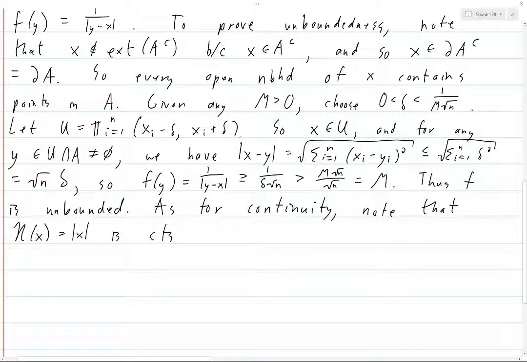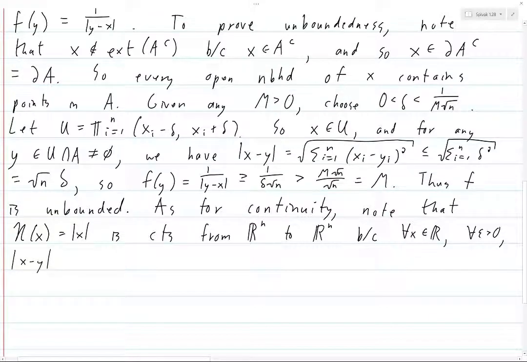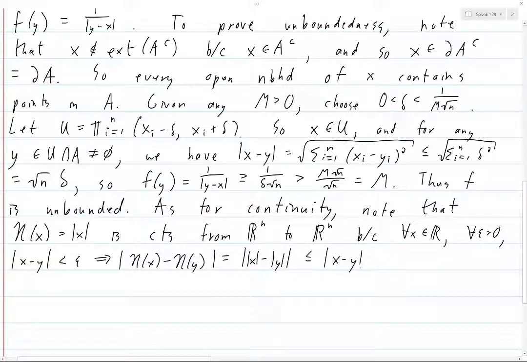It is continuous from Rn to Rn because for all x, for all epsilon greater than 0, if the distance between x and y is less than epsilon, then the distance between nx and ny, well, this is just this, and this is going to be less than or equal to this, which is the reverse triangle inequality, and this is less than epsilon.